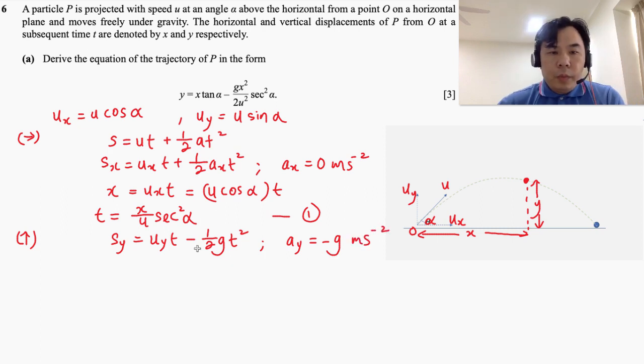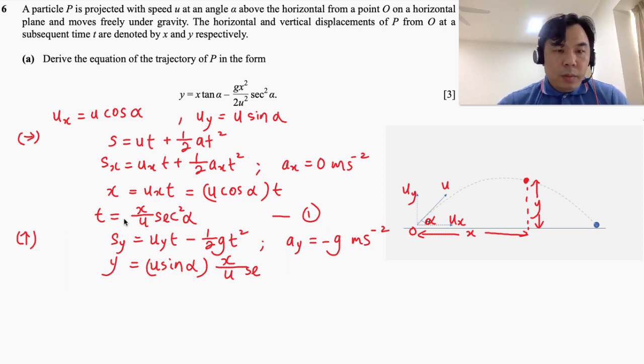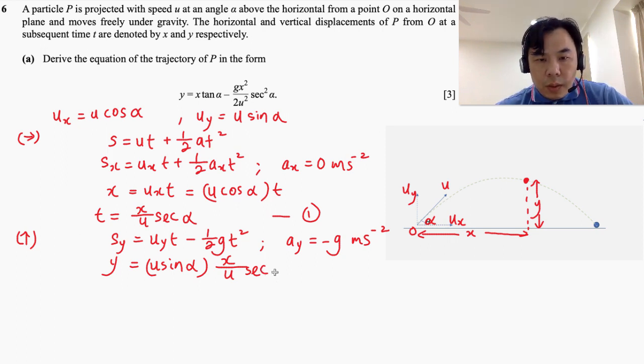All right, so from here we will have y equal to u_y, which is u sine alpha, and then we know our t. Our t is x over u. Sorry, it's not secant square. I think I made a mistake there. Please forgive me. It's a secant.